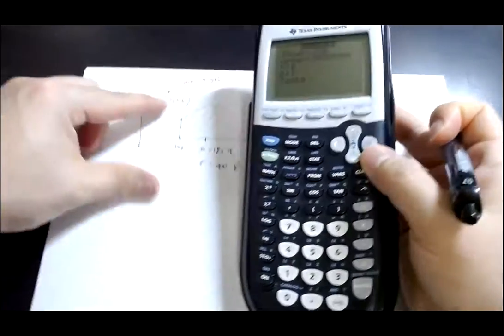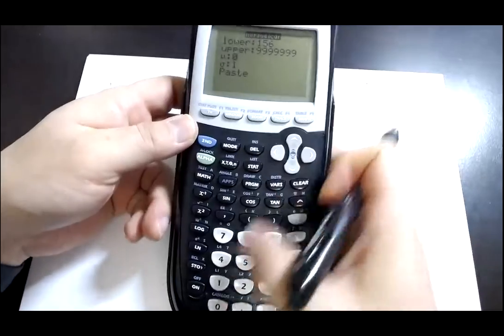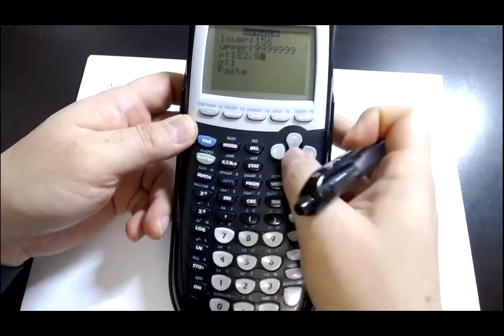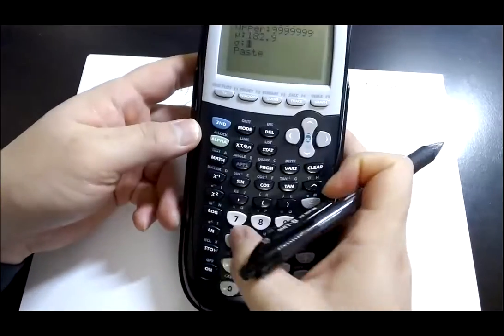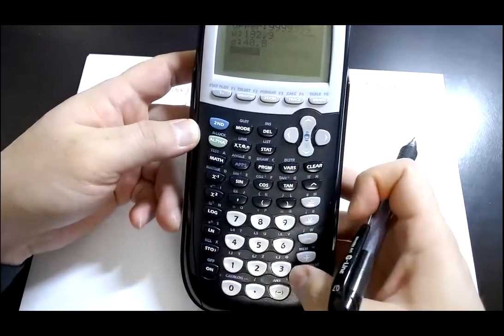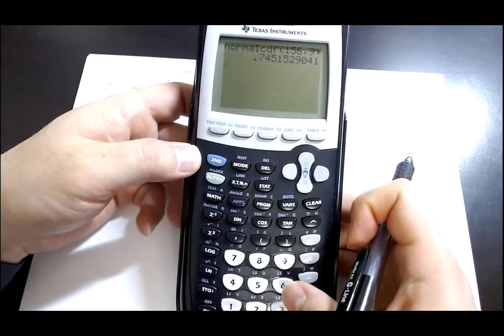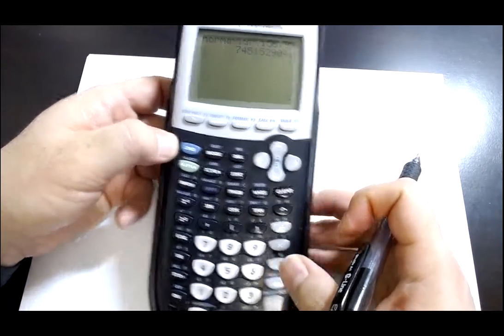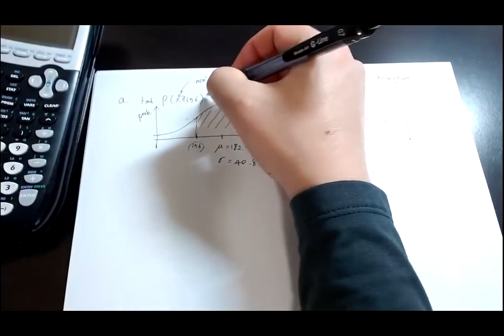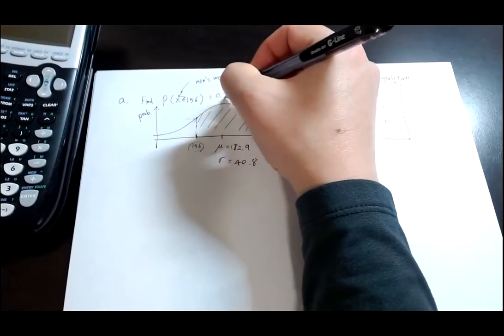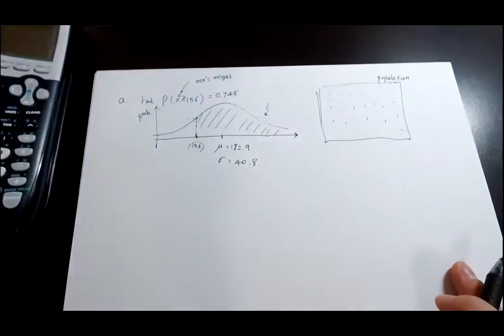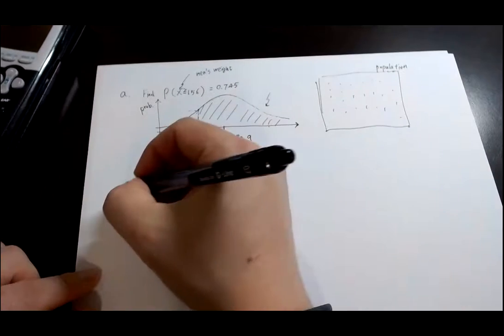Then mu is 182.9, and sigma is 40.8. We paste, and then enter. We get 0.745, so that is approximately 0.745.